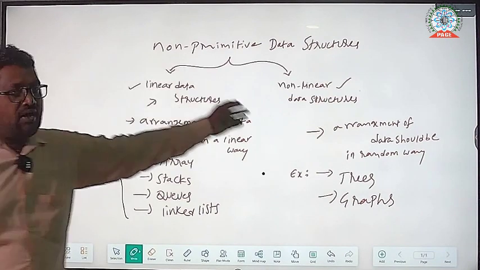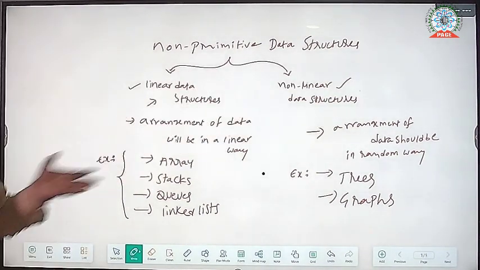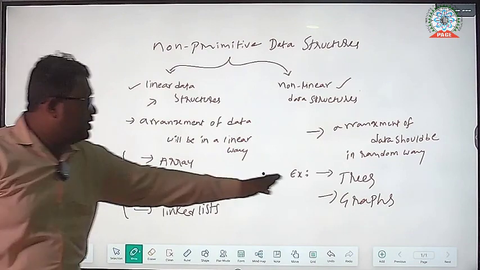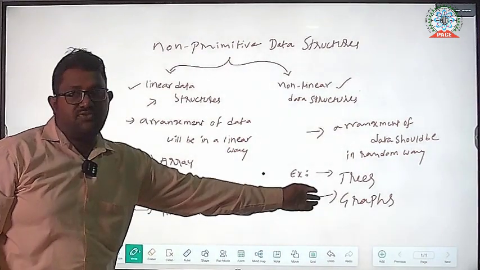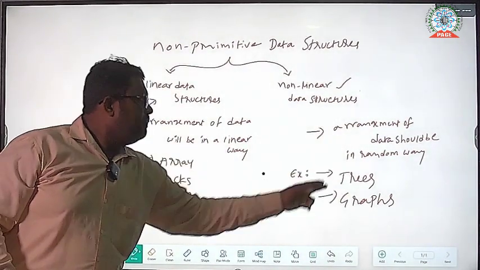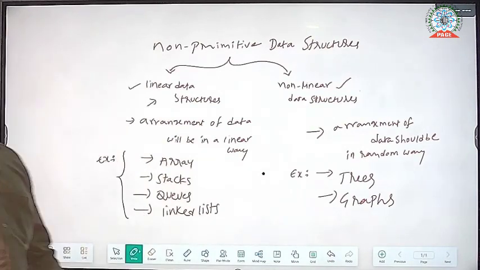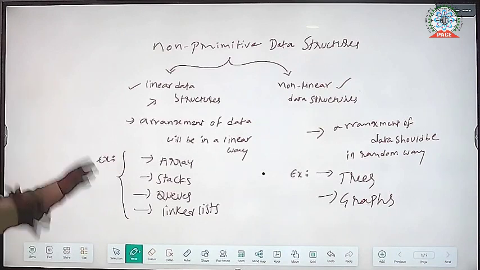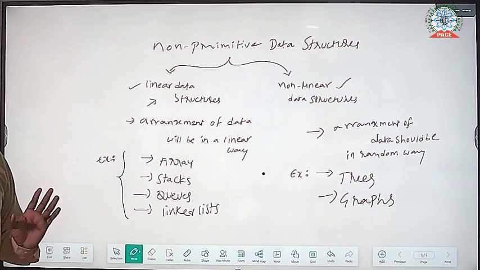In a non-linear data structure, the arrangement should be in a random way, that means not linear. The examples are trees as well as graphs. Now I am going to explain briefly about all these non-linear data structures.